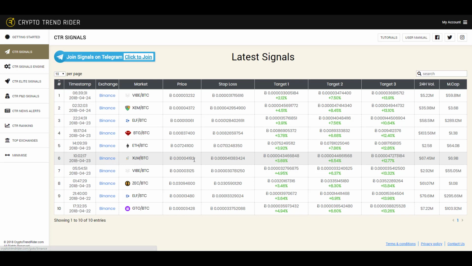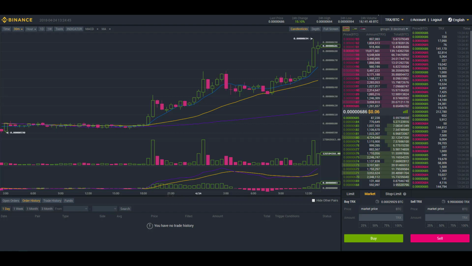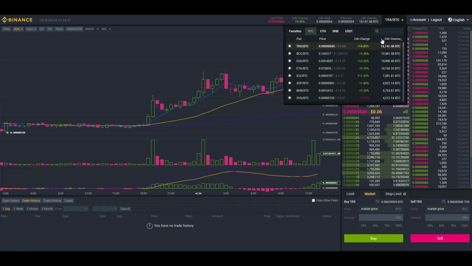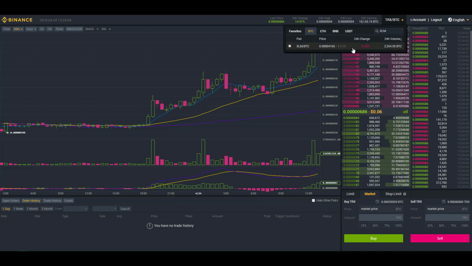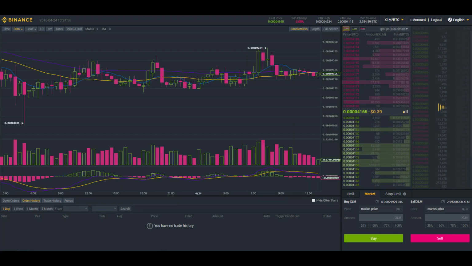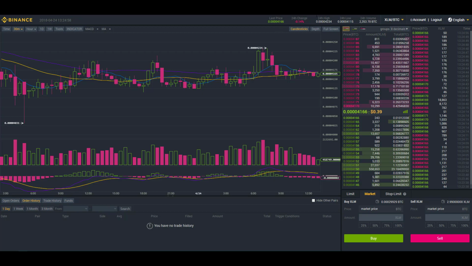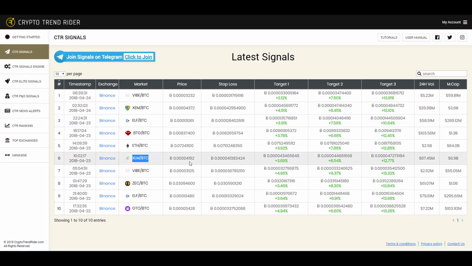I'll just look for the signal for the cryptocurrency, XLM. Now this is the price. It's around the same price.